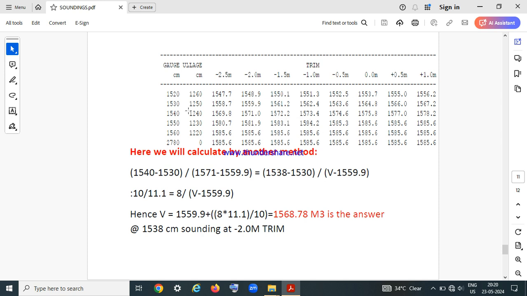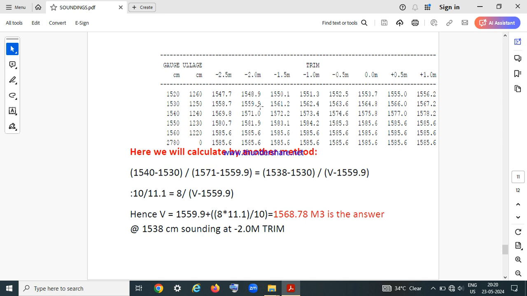Suppose at 1530 the value at -2 meter is 1559.9. Here we want for 1538, so 8 means 8 divisions. So 8 into the division, we found 1.11 suppose. So 8 into 1.11 plus the value 1559.9 at 1530, because we are taking from the lower value.